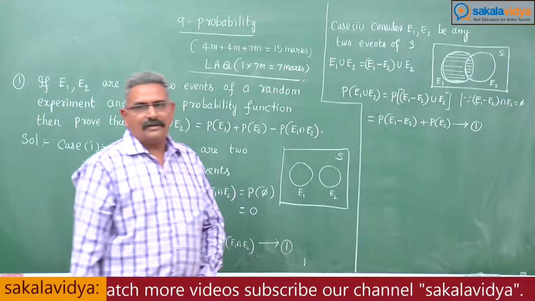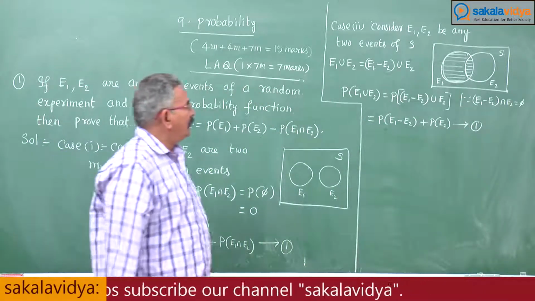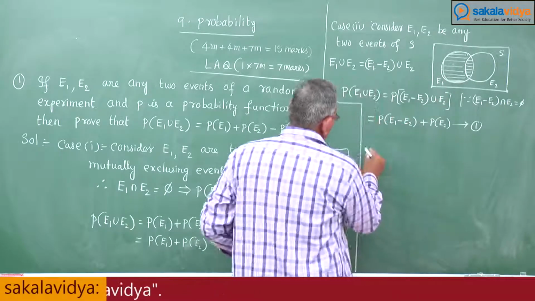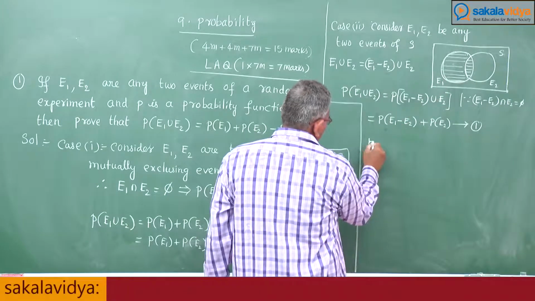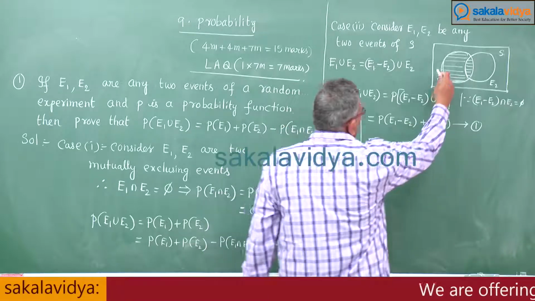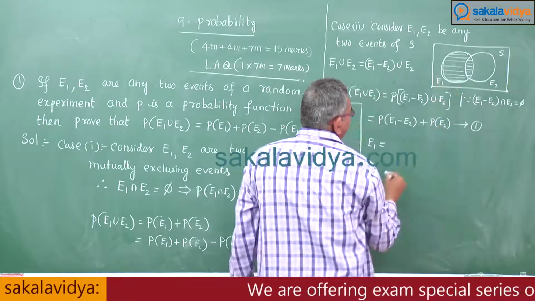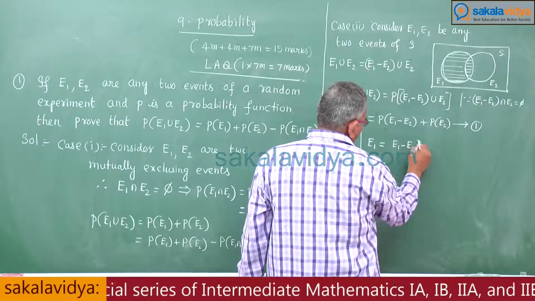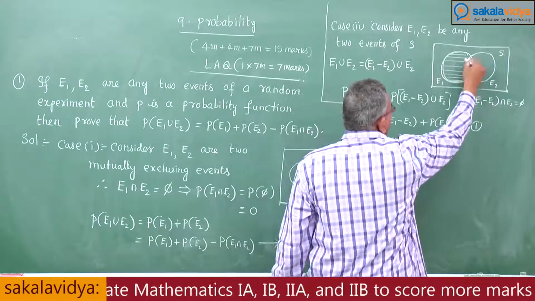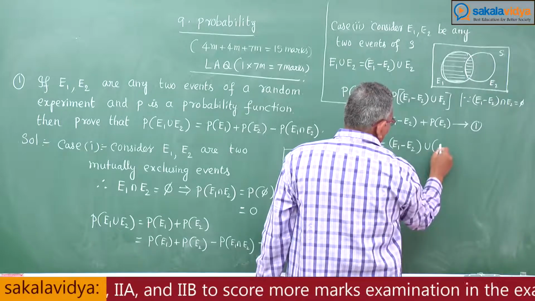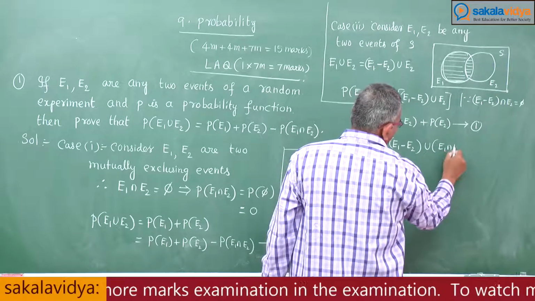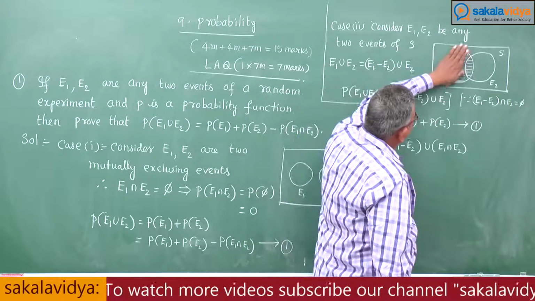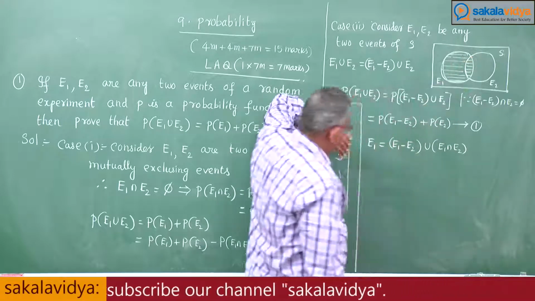Now, let us write E1. Consider E1. This E1 can be written as E1 minus E2 union E1 intersection E2. Am I correct? See, this part plus this part gives us E1.